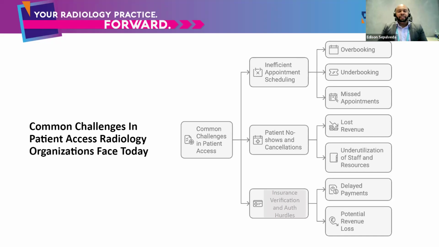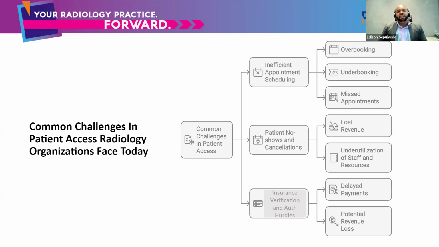And that leads to a different array of issues, from overbooking when you're not doing a proper selection of your time slots, underbooking when you're not maximizing the first available time slots that you may have for your center, or just missed appointments due to some of the reasons that I just alluded to. Again, this could range from 4 to 8% of your total cancellations.